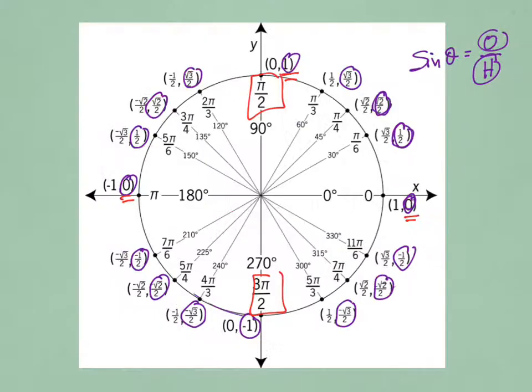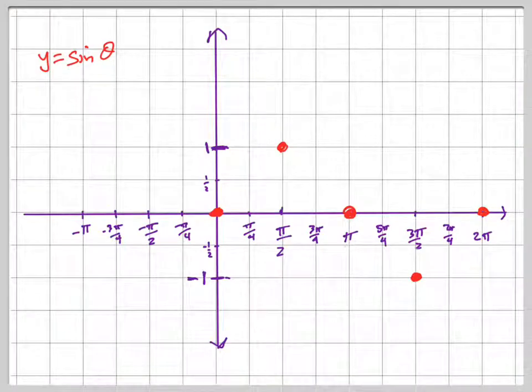Well, let's do some more. What's the sine of 30 degrees? It's 1/2. So 30 degrees would be right about here. And then what's the sine of pi over 4? It's root 2 over 2, which is a little bit more than 1/2.